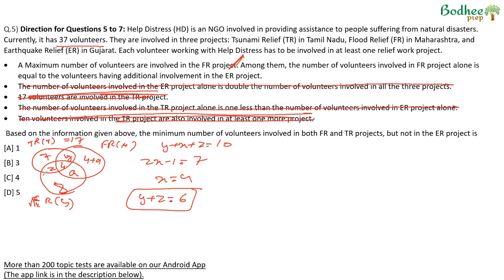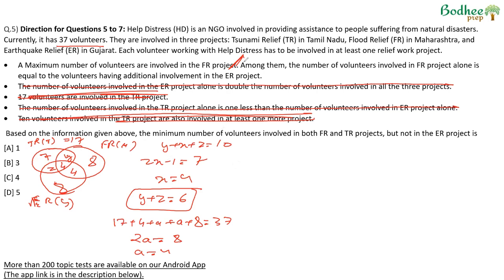Now, if you look at the total, TR is 17 plus these 3. 4 plus A plus A plus 8. This should be equal to total number of people 37. So 2A will be 20 minus 8. A will be 4. Let us put A as 4. This was 4 plus A, 8. This becomes 4. We have Y and Z still with us.